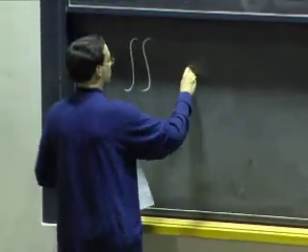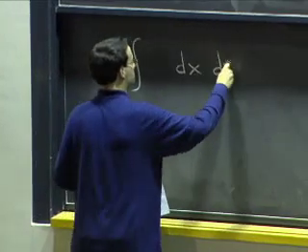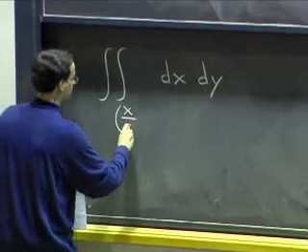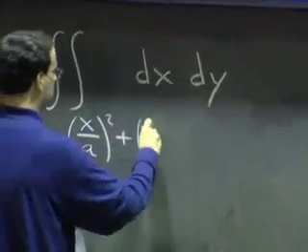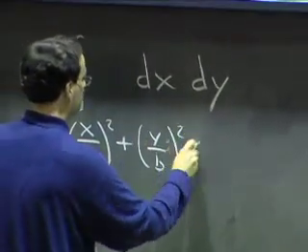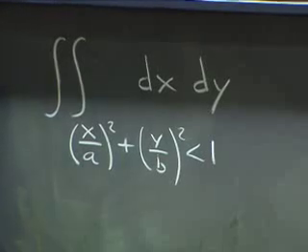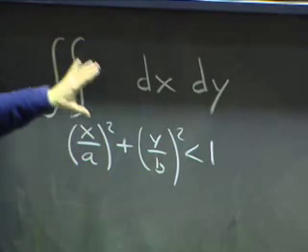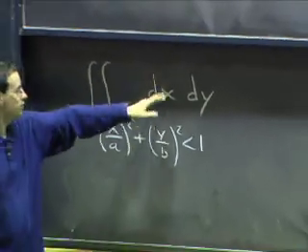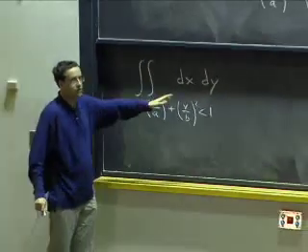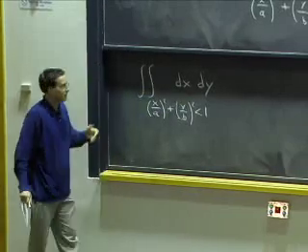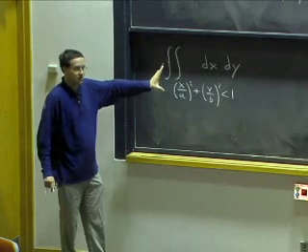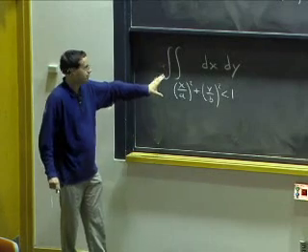So we want to integrate just the area element, let's say dx dy, over the region inside the ellipse, that's (x/A)^2 + (y/B)^2 less than 1. Now, we can try to set this up in terms of x and y coordinates, set up the bounds by solving first for x as a function of y, if we do it in this order, and do the usual stuff. That doesn't look very pleasant, and it's certainly not the best way to do it.